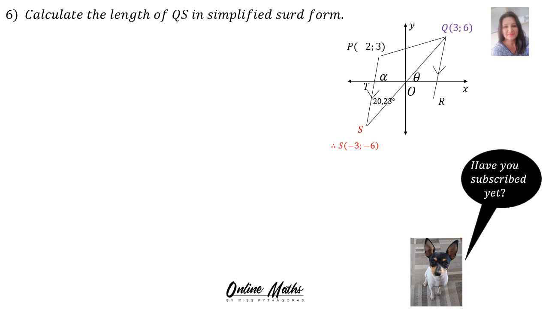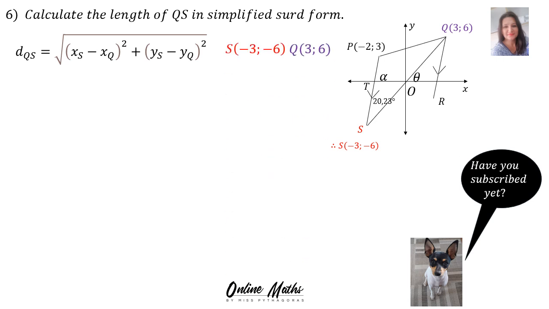To find the length of QS, we're going to use the distance formula. Now the two coordinates, you write them there for yourself. S's coordinate (-3, -6). So you write above the coordinate x of S, y of S, x of Q, y of Q. And now it's much easier to substitute.